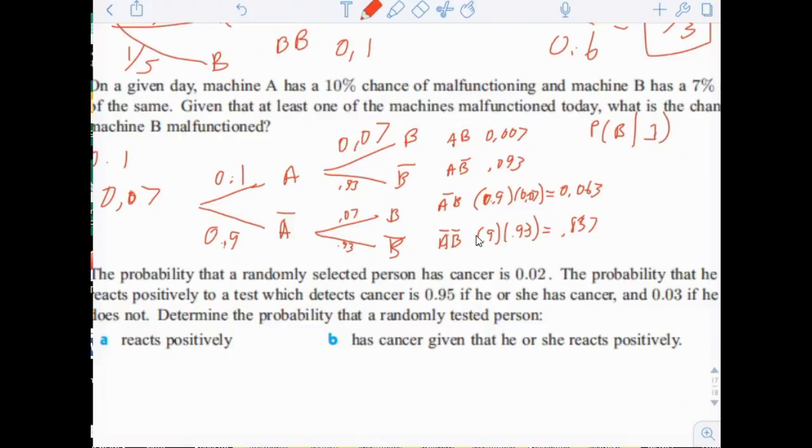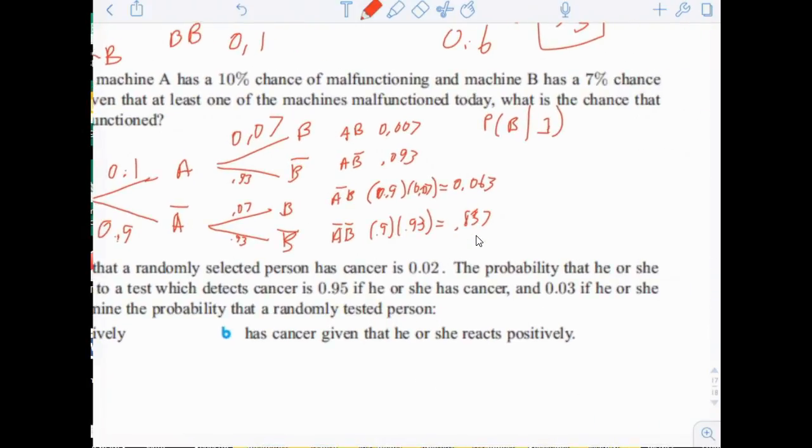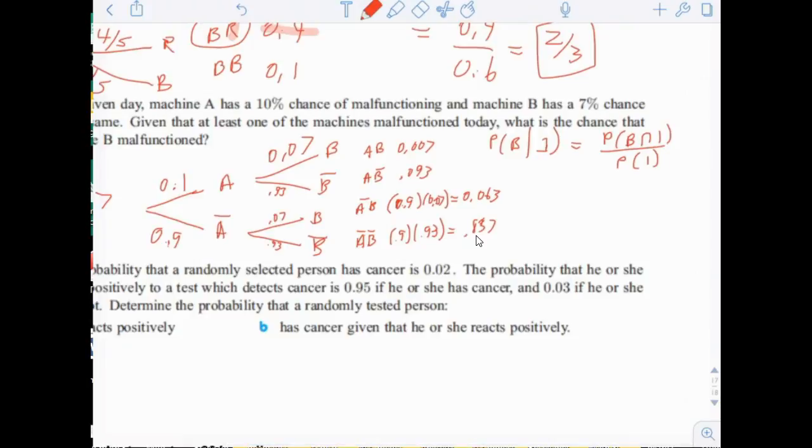So it would include this, and this, and this, because these are all outcomes where at least one machine broke.